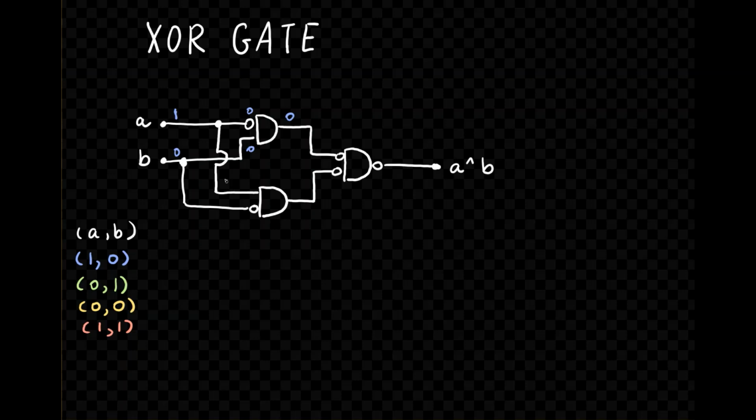Now working down here, A is 1, B is 0, invert 0, get 1, and 1 is 1. Now I invert 0, invert 1, 1 and 0 is 0, but I invert it and I get 1. So A XOR B for 1, 0 is 1, as expected.